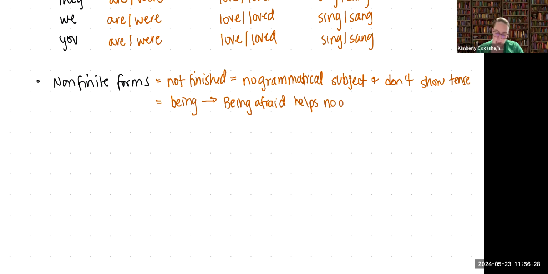Here, being afraid is actually functioning like a subject, and helps is the verb for the sentence. So even though being itself is a verb, it's not functioning like a verb in this sentence because it has no grammatical subject and no tense when it just ends in ing.